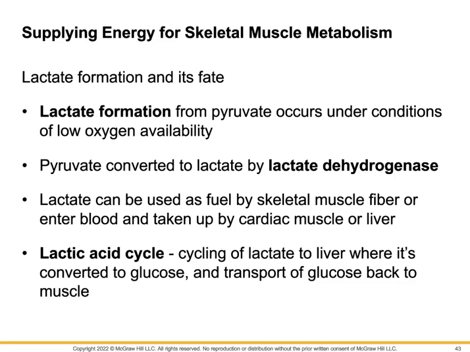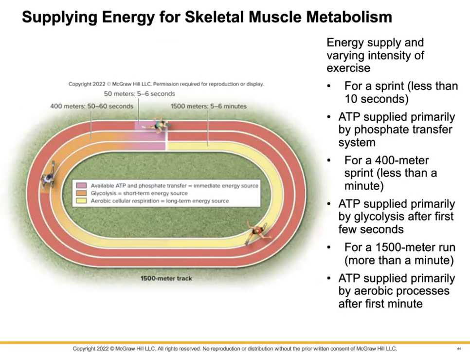So lactate that gets into the blood can either be used by cardiac muscle, and we can convert it back to pyruvate and oxidize it, or taken into the liver to be converted to glucose. Glucose then can be released into the blood, taken back into the skeletal muscle, and the skeletal muscle can then use it to make ATP. So we typically use all of these mechanisms to generate ATP depending on the body's needs.